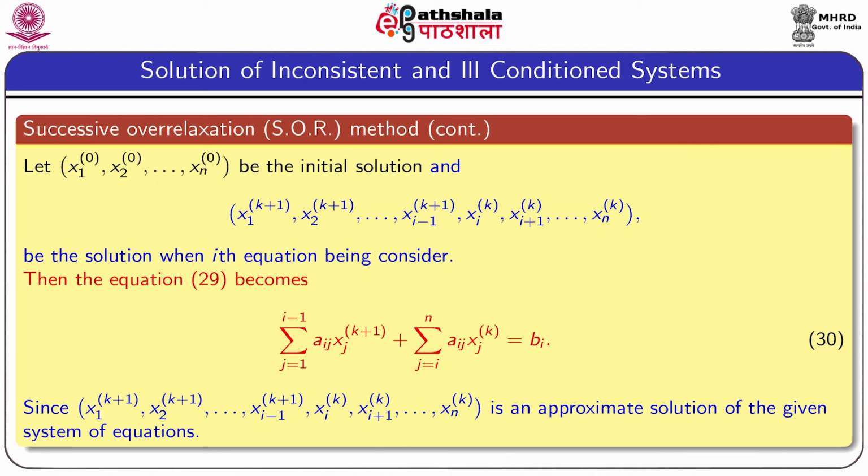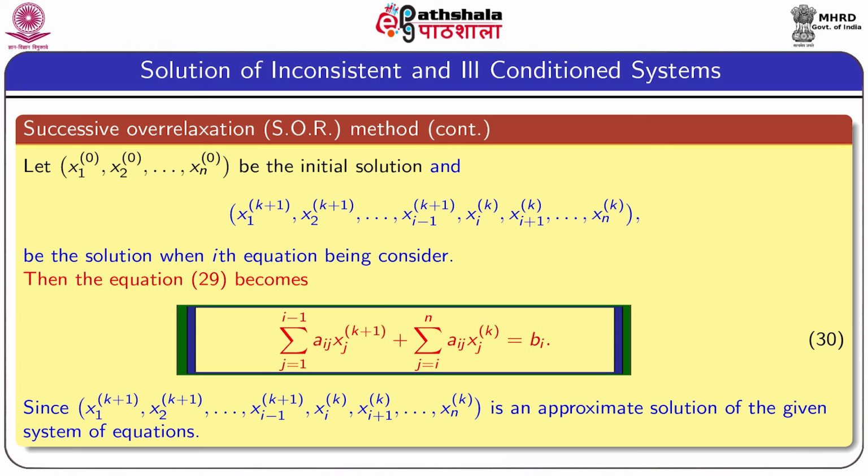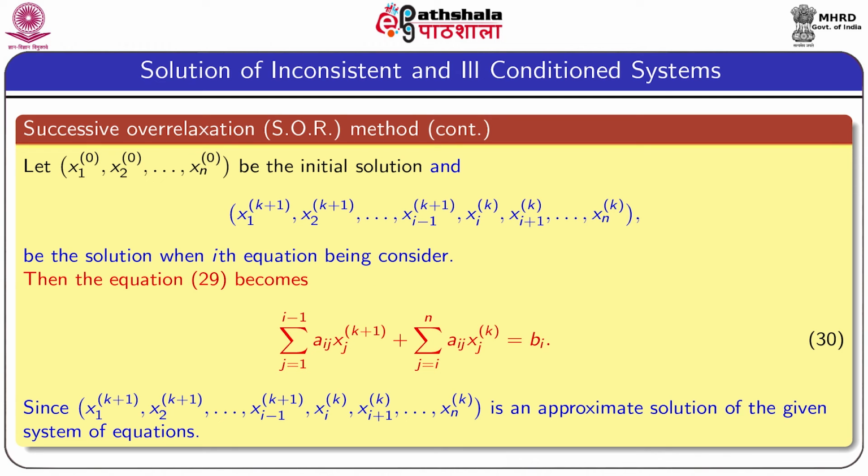Then the previous equation, that means equation number 29, becomes summation over j equal to 1 to i minus 1, aij xj k plus 1. That means when we consider the ith equation, the values of the first i minus 1 variables, that means x1 to x i minus 1, are available. So in the first term we have replaced xj by xj k plus 1, plus summation over j equal to i to n, aij xj k, equal to bi.